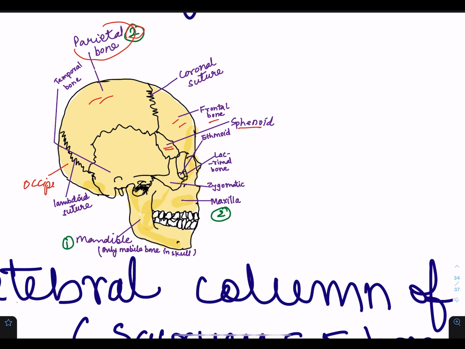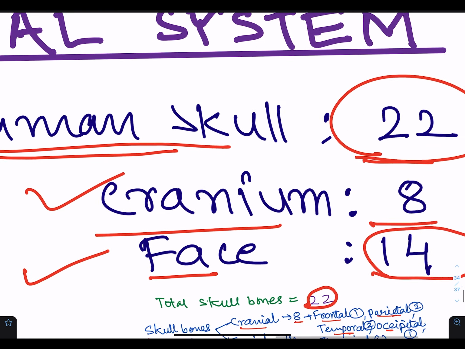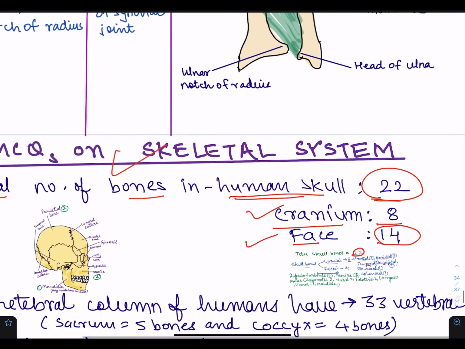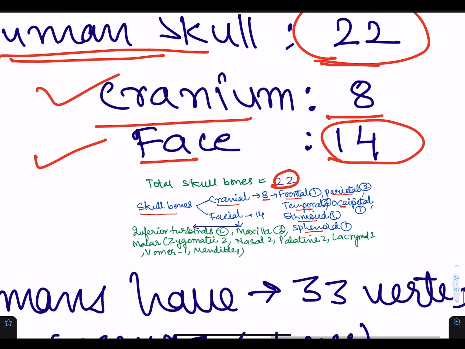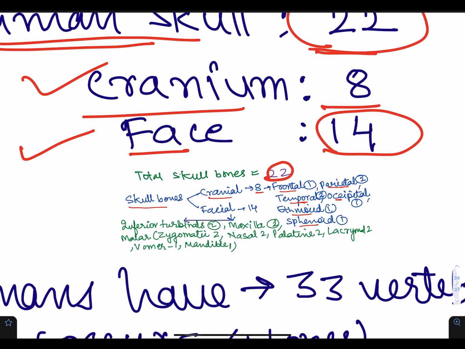This is occipital. This is temporal. Temporal is one more on the other side. Then some of the bones are not visible here, like ethmoid is not visible, and sphenoid is visible, yes.